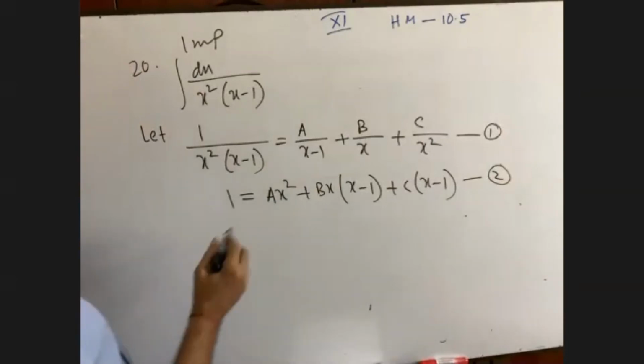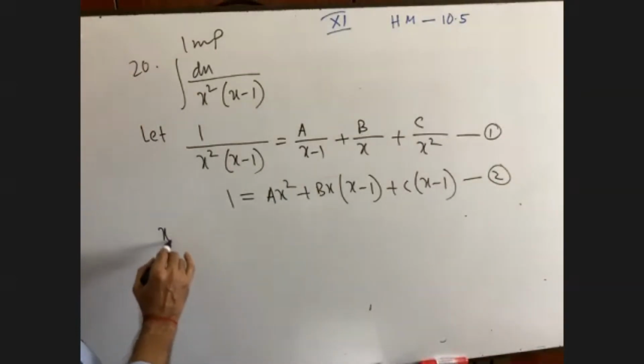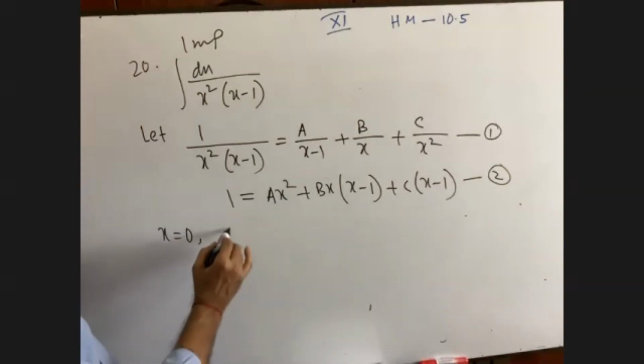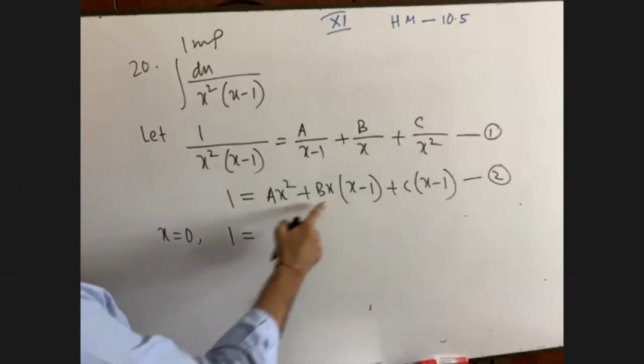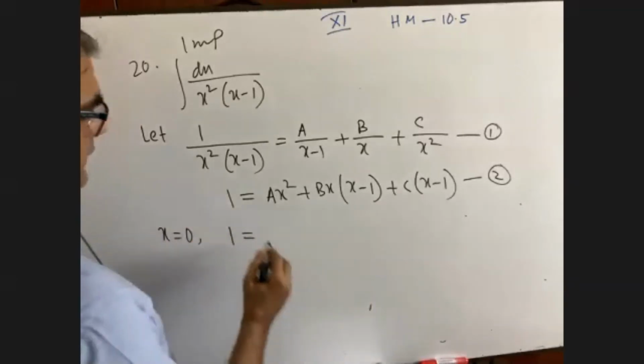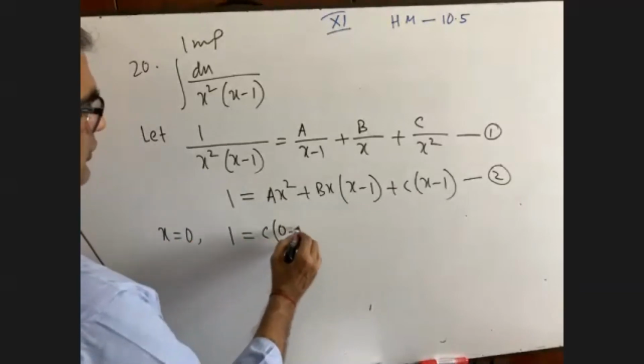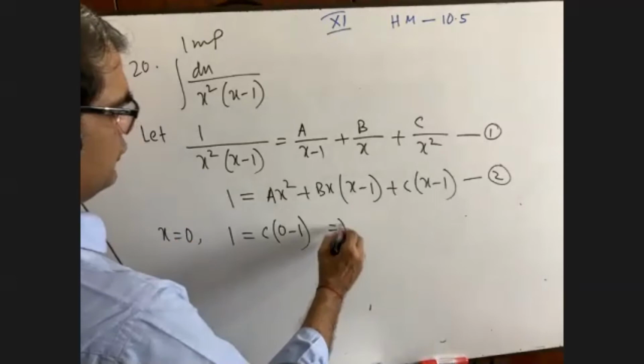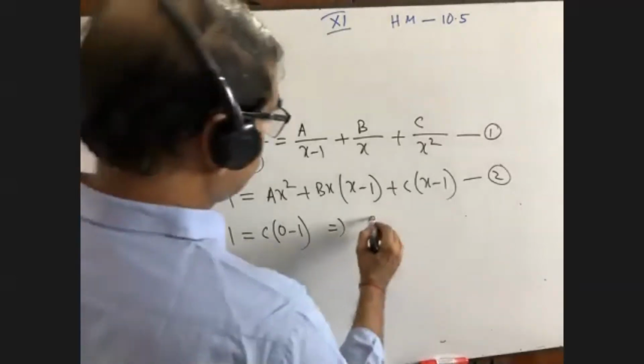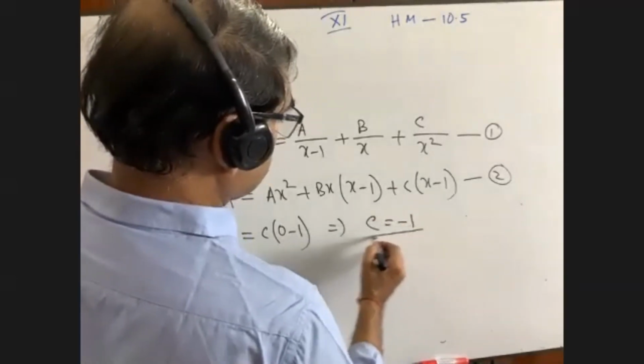You put x equals to 0 here, then we are getting 1 is equal to, this is 0, this is 0, this is c into 0 minus 1. That means we are getting minus c equals to 1, so c equals to minus 1. We have got one value.